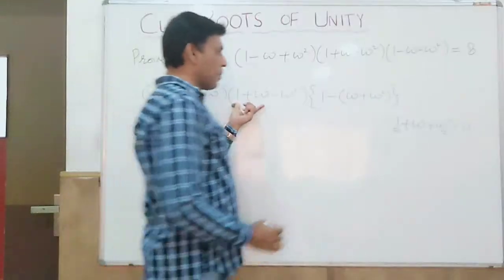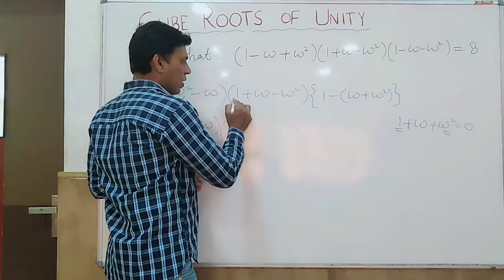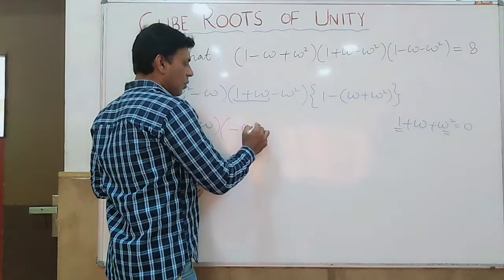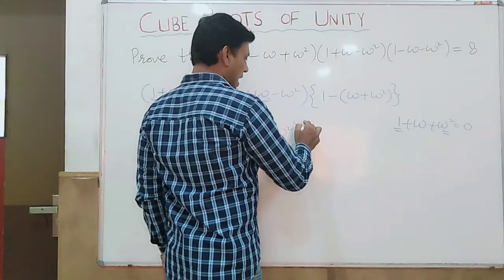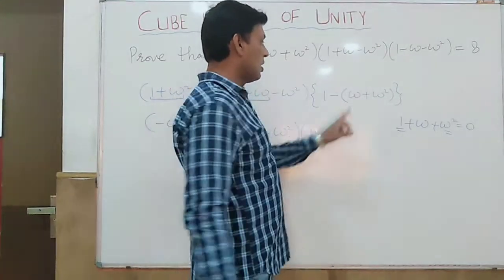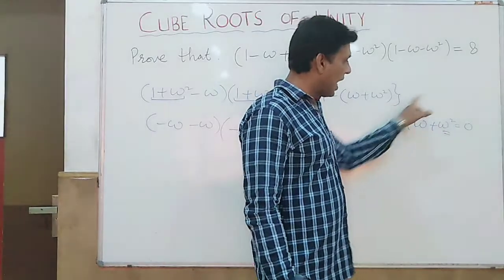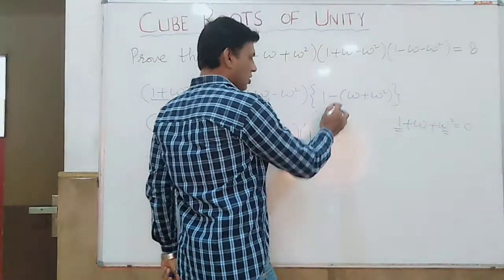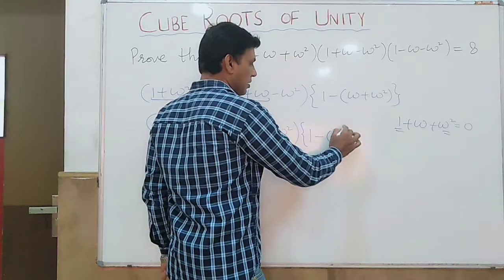Now in place of 1 plus omega, we can write minus omega square. So in place of this we can write minus omega square as it is. Then 1 minus, and the value of omega plus omega square can be written as minus 1. So you will have minus 1 here.